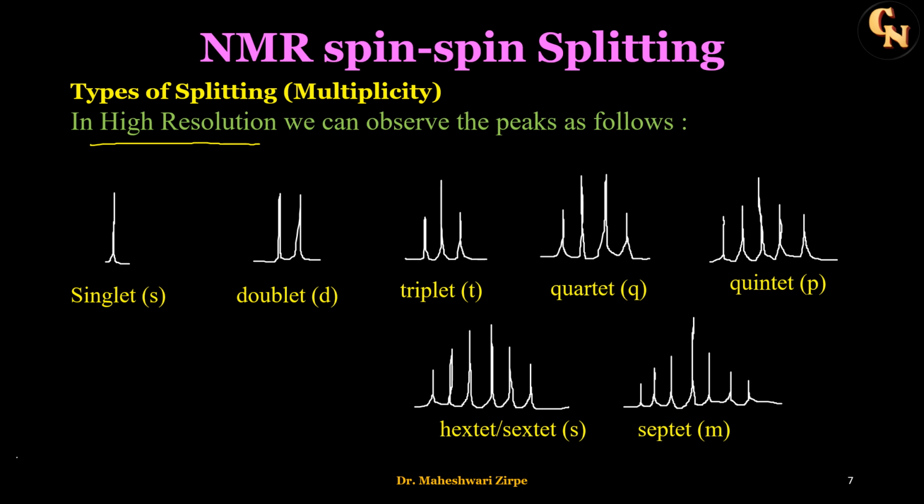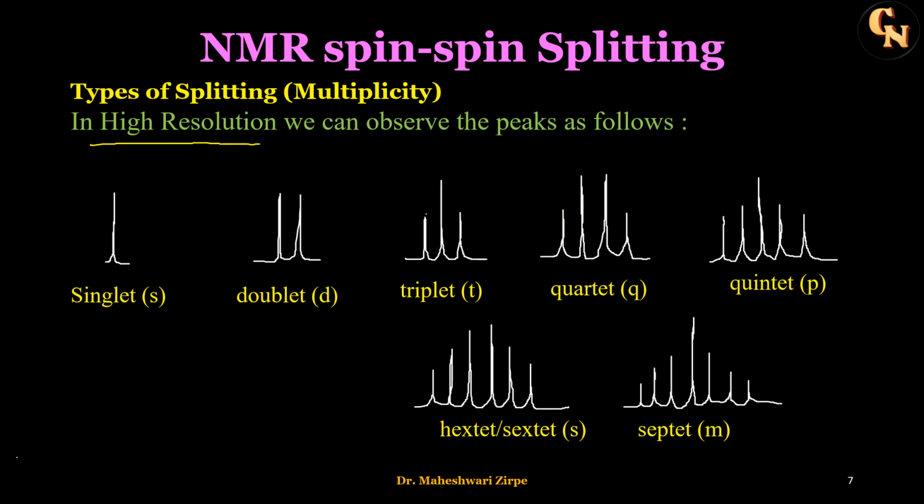Okay, now if you see the peaks, there is some way I have drawn the peaks. All peaks do not have the same height, or the same intensity as we call it. If you see, some are short, some are long, whereas in the quartet you can find there are two peaks which have the same height and the middle two have the same height.